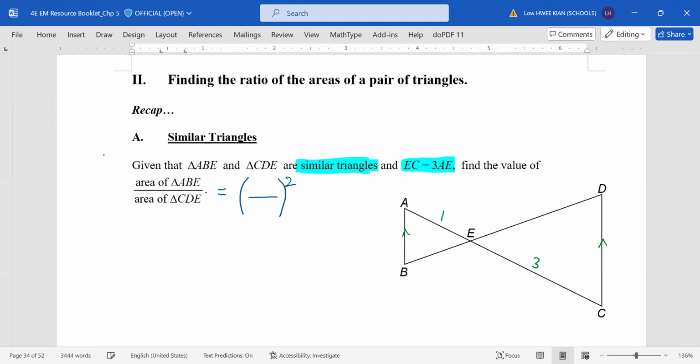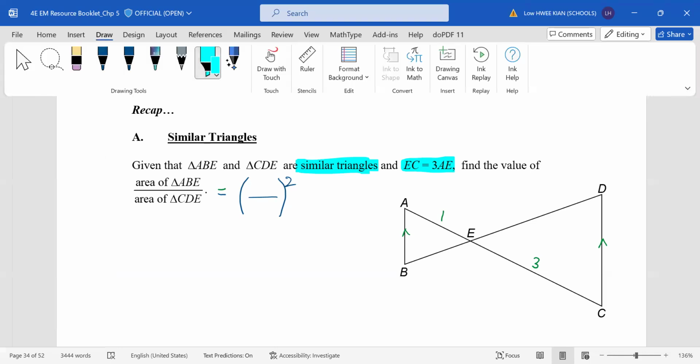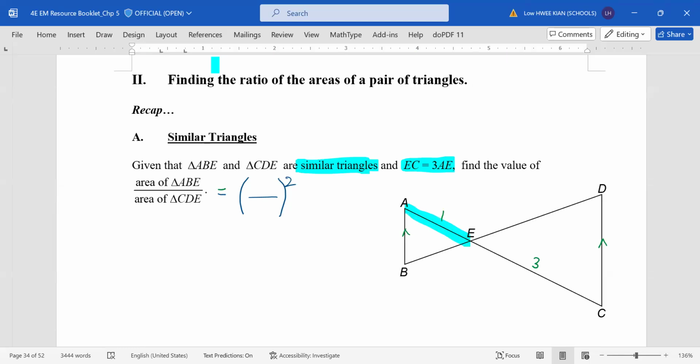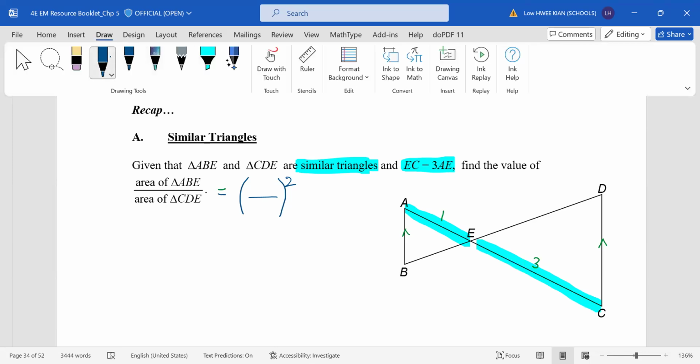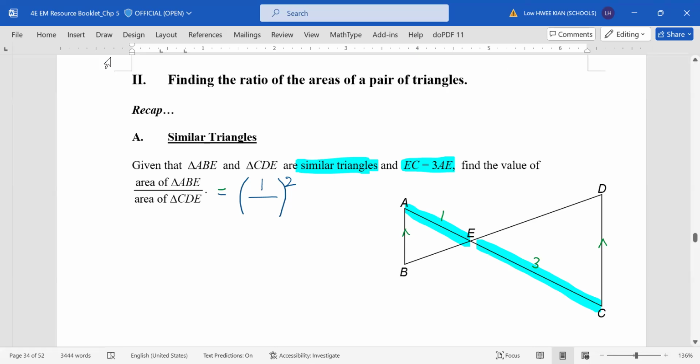And what are the sides that we are talking about? We are talking about the ratio of AE and EC. So the ratio of the smaller triangle is 1, and then the triangle CDE is 3 units. So I put it in place here, then I square this, and I have the ratio equal to 1:9.